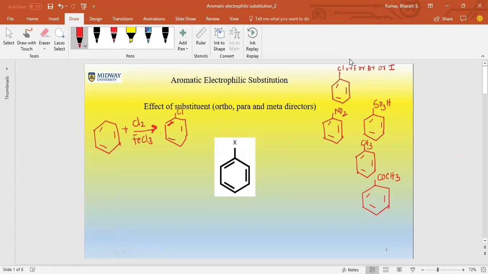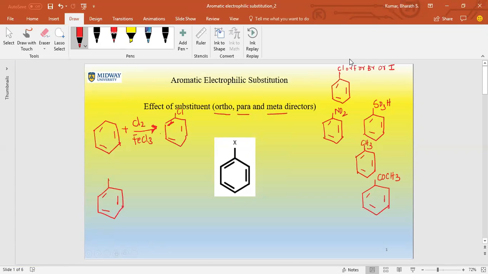So we classify the positions on a benzene ring as ortho, para, or meta with respect to the X that's already there. Okay, so for instance, whatever be the X, the X does not really matter to actually determine the ortho, meta, and para.